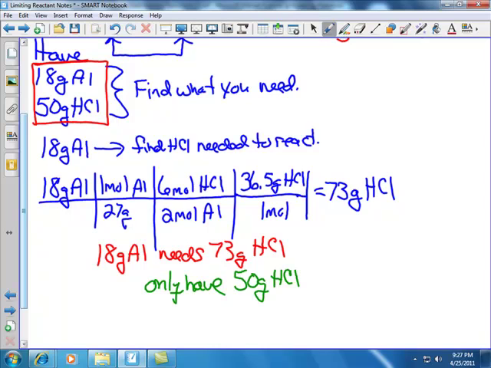So HCl then is the limiting reactant, because I only have 50 grams of it, and I need 73. So that means aluminum is going to be excess. So that's my excess reactant.